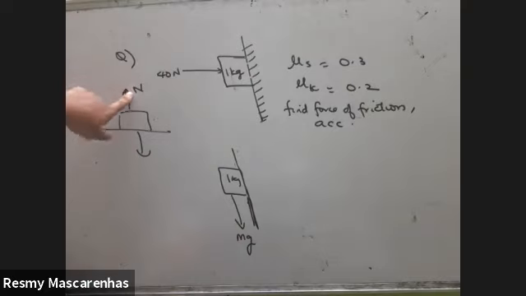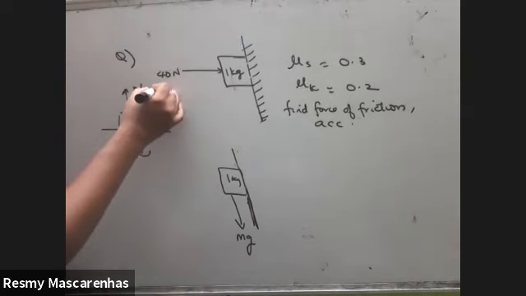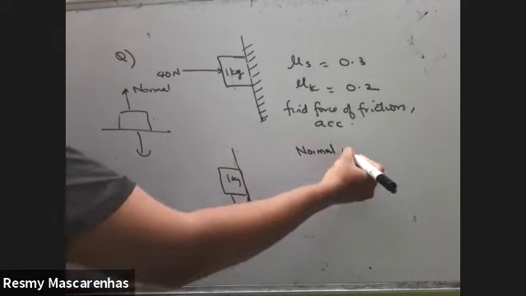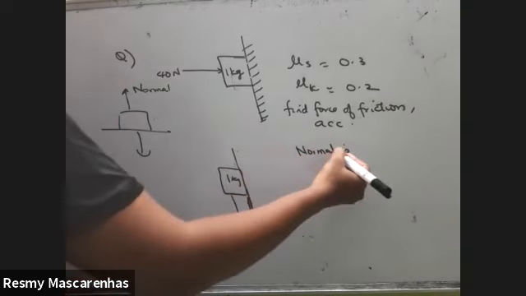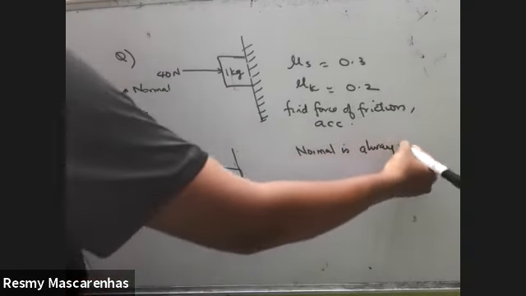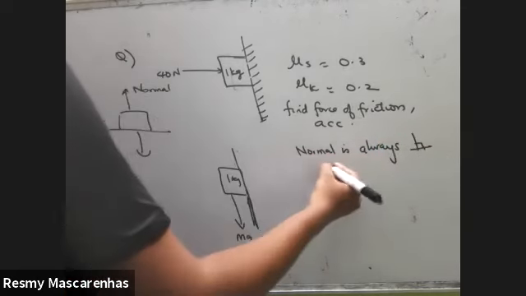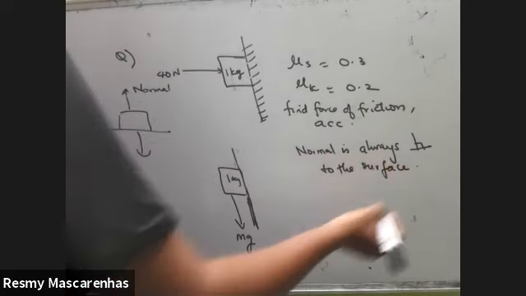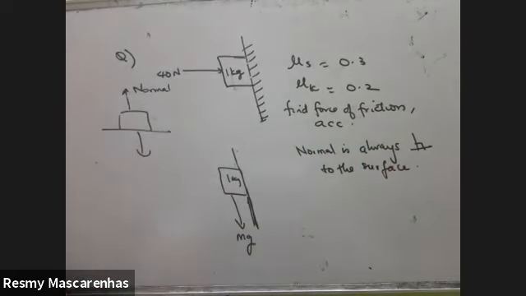But remember, at the start I had given you a note: N is nothing but normal. So normal is something you write and keep for this problem. Normal is always perpendicular to the surface. So why do we draw that? Because normal is to be perpendicular to the surface.